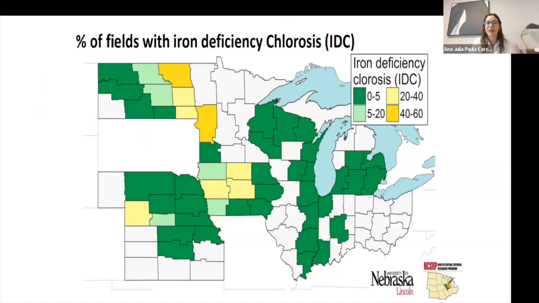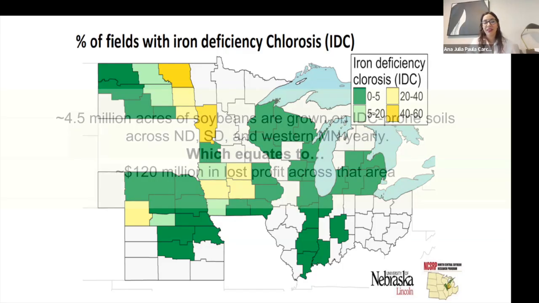This is a map that's actually a tiny bit old, and also Dakota is missing information, but this is just for you to know more or less which area is affected by IDC. As you can see, all the eastern part of North Dakota is greatly affected by IDC.